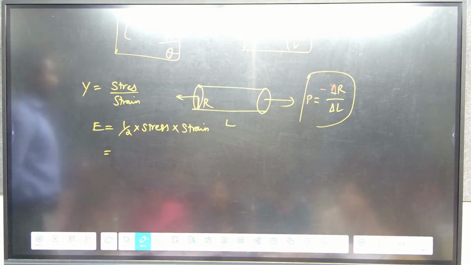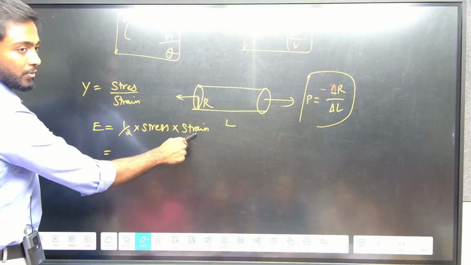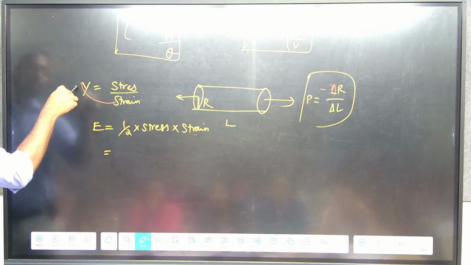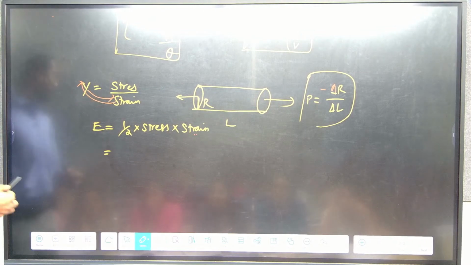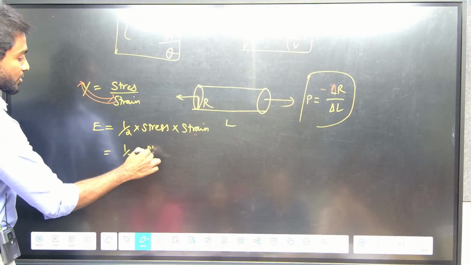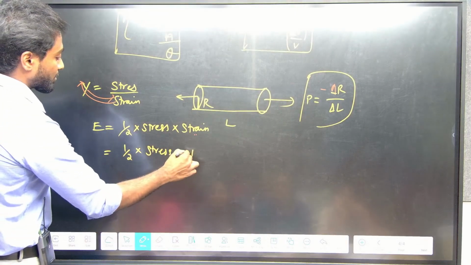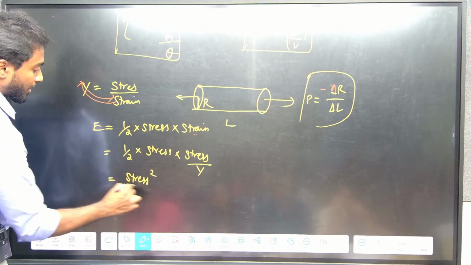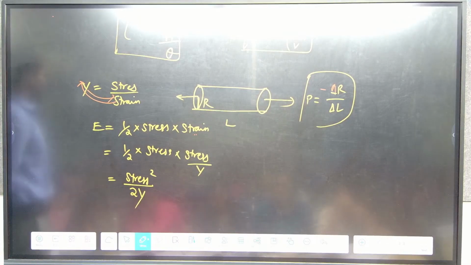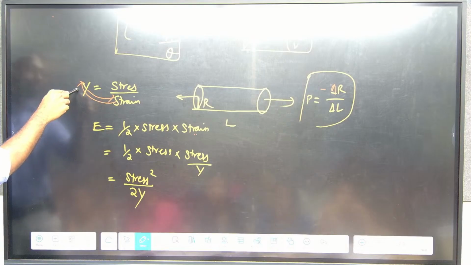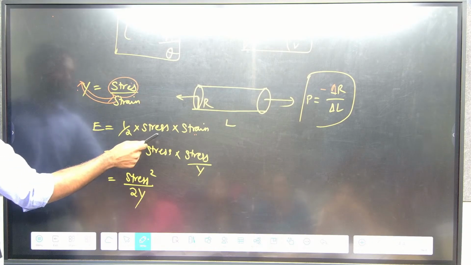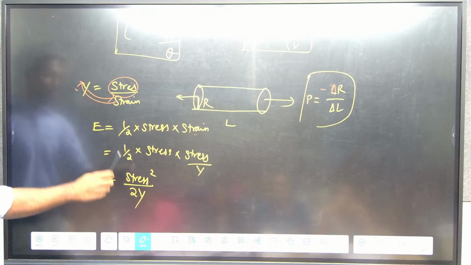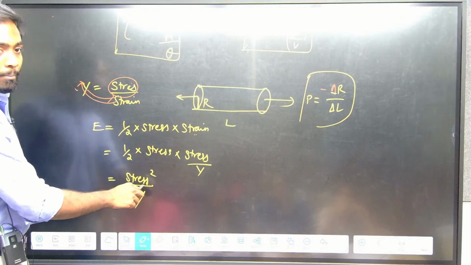If we want it in terms of only stress, I need to remove the strain, so take the strain to the other side, and Young's modulus will come here. So half times stress into stress by Young's modulus, which is nothing but stress squared by 2Y. If I want it in terms of strain, stress will be strain into Y, so strain squared times Y by 2.